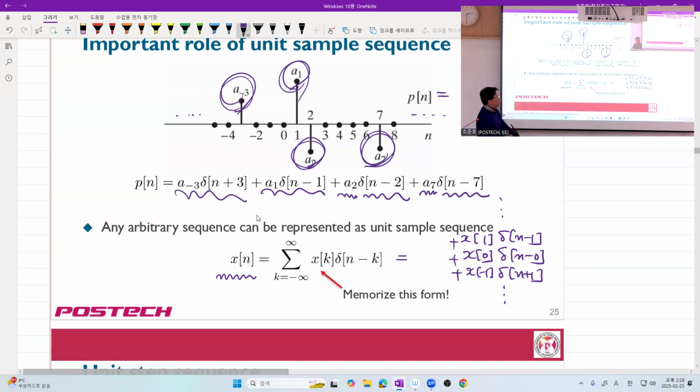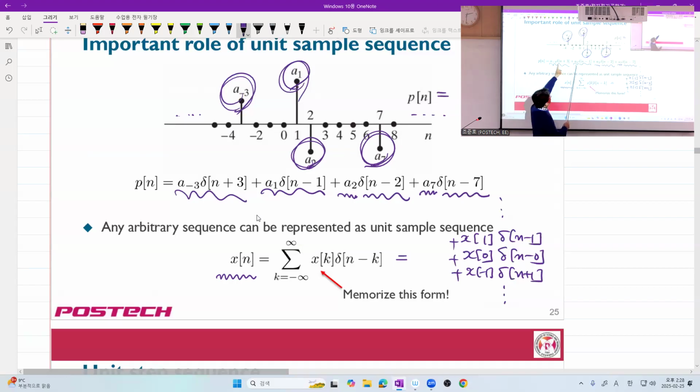What does that mean? This formidable-looking summation can actually be expanded into a countably infinite sum of terms, and each one is what? Weighted and delayed in the time domain with index n, the delta functions.